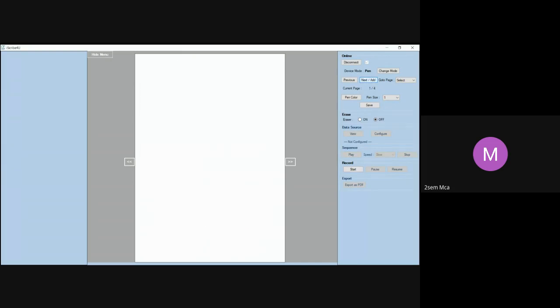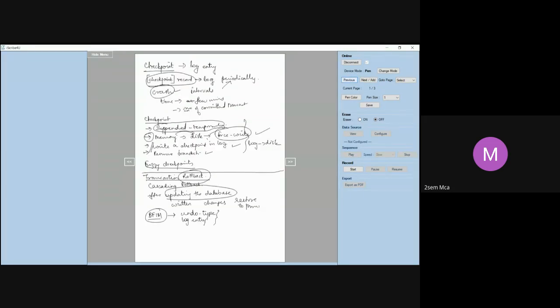Whenever you want to restore to the BFIM value, you have to go for the undo type log entry, because using it you can restore the old values of your data items when you roll back the new values.